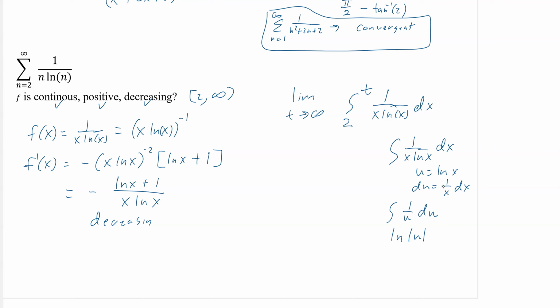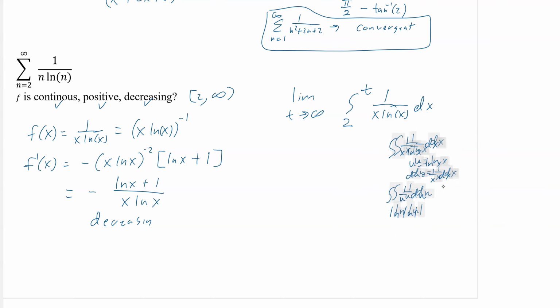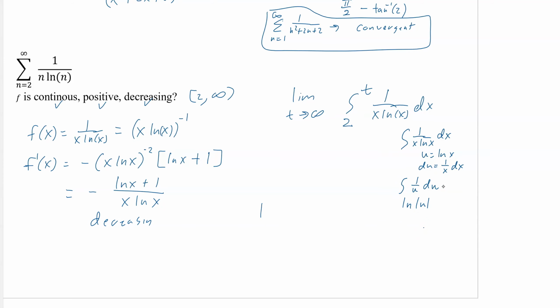Okay, so I'm going to shrink that down, move it over there, and we continue with our limit. So the limit as t approaches infinity of the natural log, and our u here is ln of x, so this will become ln of ln of x, like this.